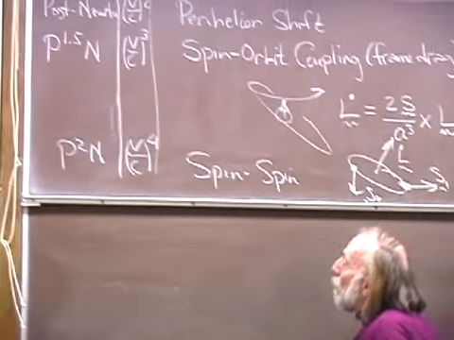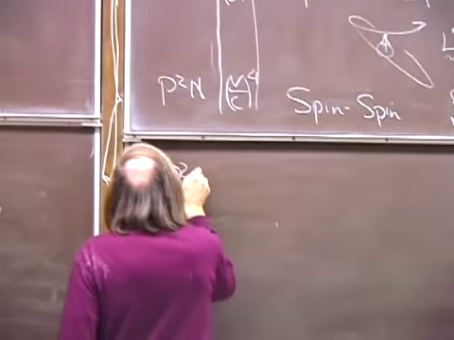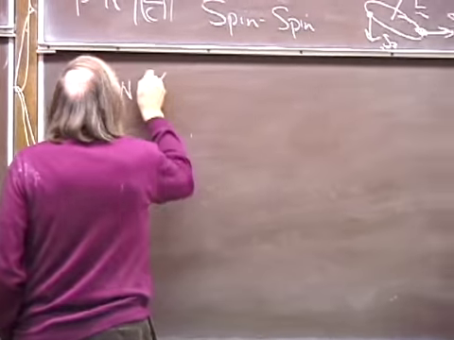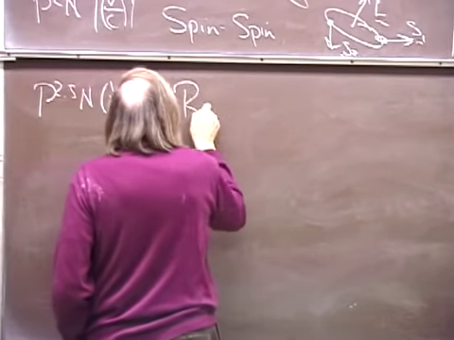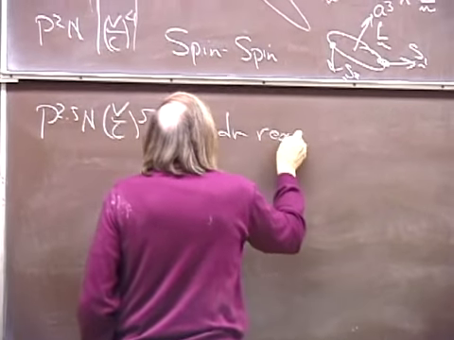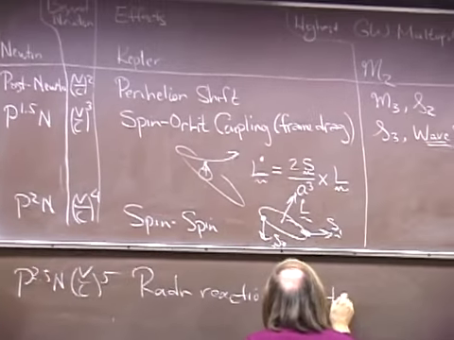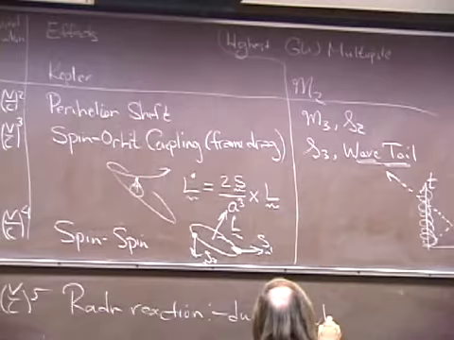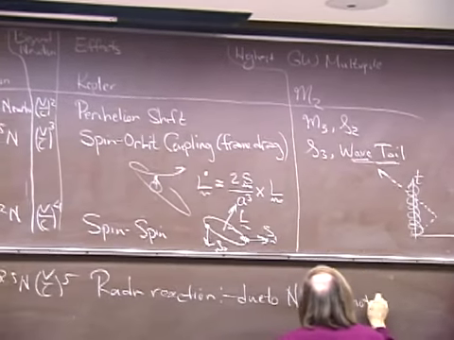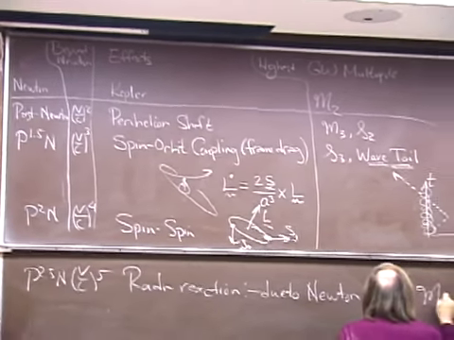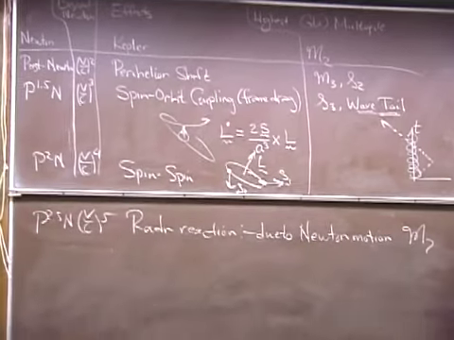You have to go to post 2.5 Newtonian order before you see radiation reaction. And the radiation reaction that you then see is due to the Newton motion, that is the mass quadrupole radiation.